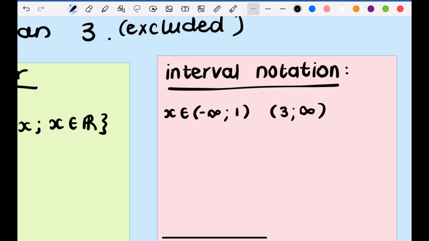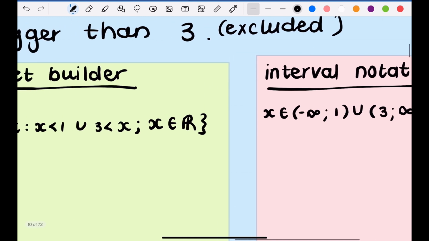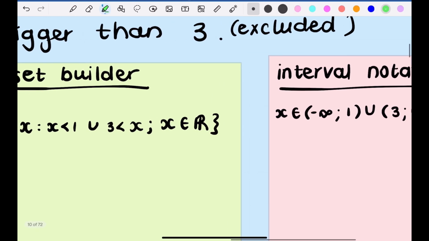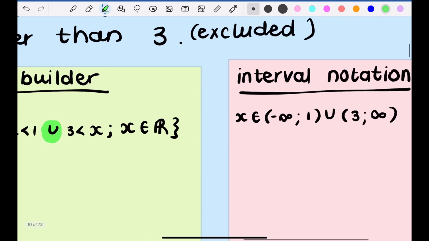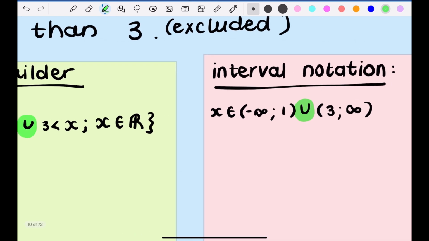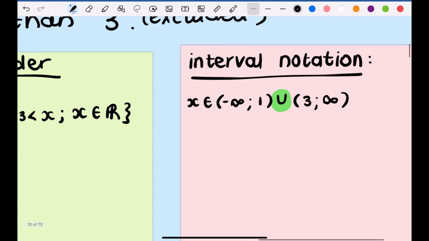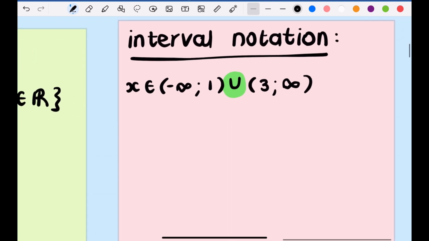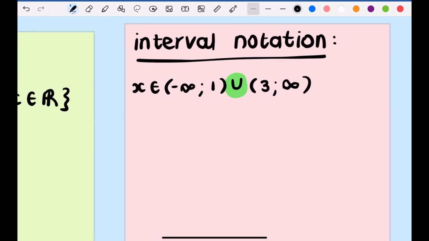And what we put in the middle is this U, which means union. It basically looks like a little bowl. I usually just think of it as chucking everything in a bowl, so it's the one and the other, or the other. So it's not excluding one or the other.